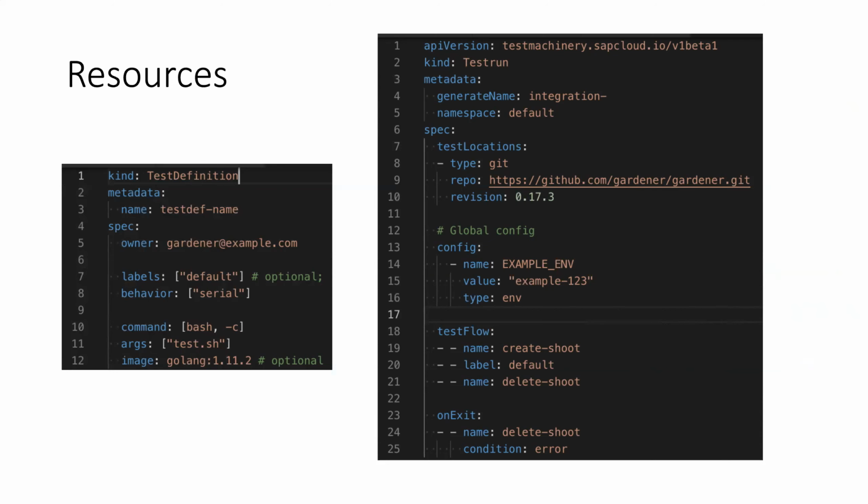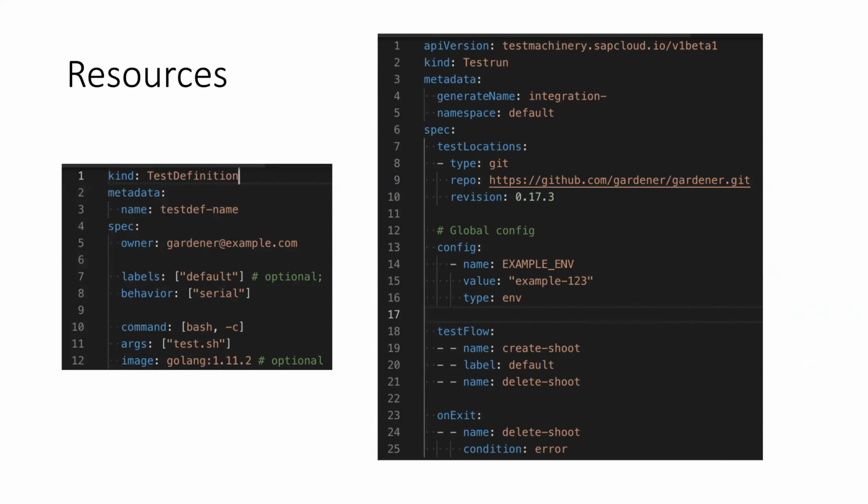What I also want to mention here is that we cannot just state names of test definitions, for example creating a shoot, then doing the guestbook test, and deleting a shoot. We can also specify labels. Labels mean that the test machinery automatically searches in the test locations for test definitions that are labeled default and executes them in parallel or in serial if they have a specific behavior defined, as you can see on the left side.